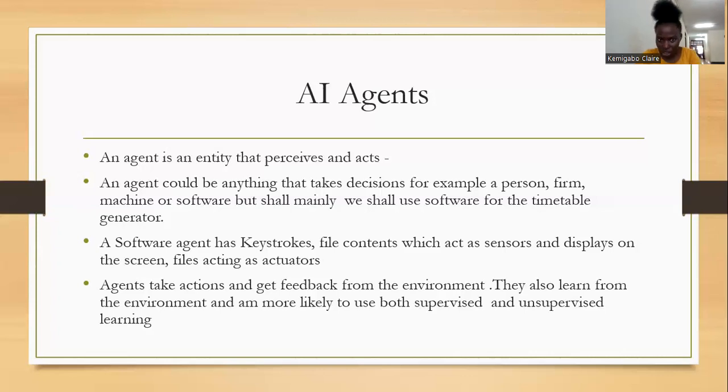The software agent, as I've explained earlier, takes in actions and gets feedback from the environment. We're going to be interacting with the environment also, and I'll show you how the environment actually interacts with the agent. So it will also deal with supervised and unsupervised learning, as I discussed earlier in other slides.